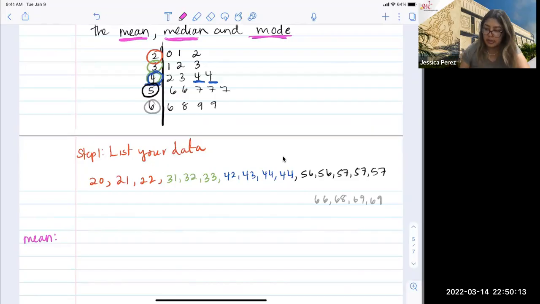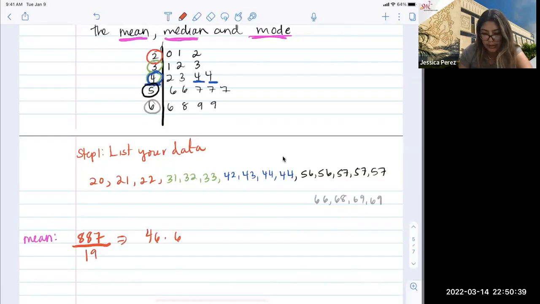That gives me a total of 887 divided by 1, 2, 3, 4, 5, 6, 7, 8, 9, 10, 11, 12, 13, 14, 15, 16, 17, 18, 19. 19 is my sample, which is a total of 46.684. So this will stay as 46.68. That is your mean.